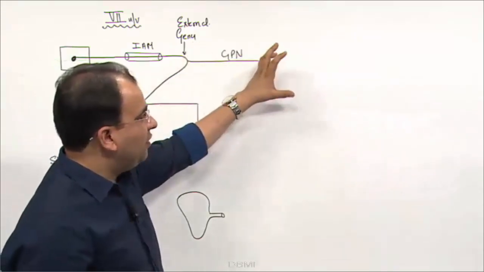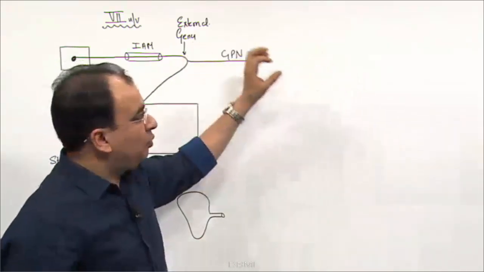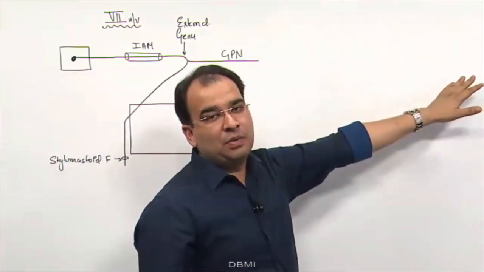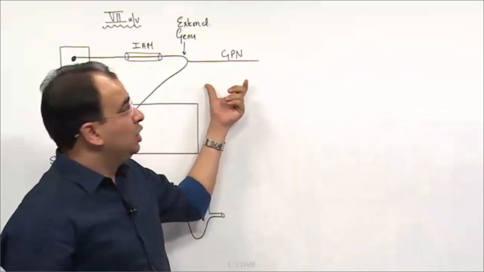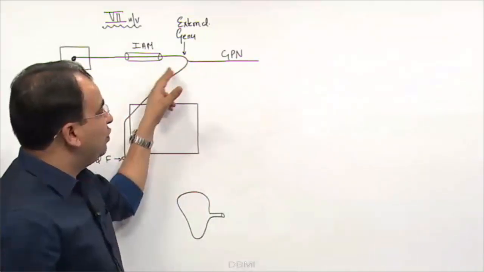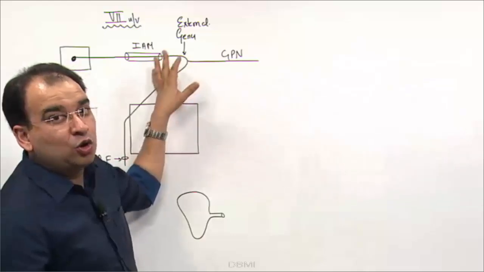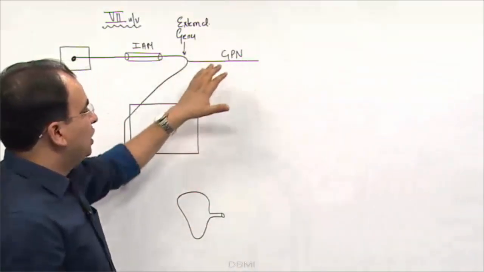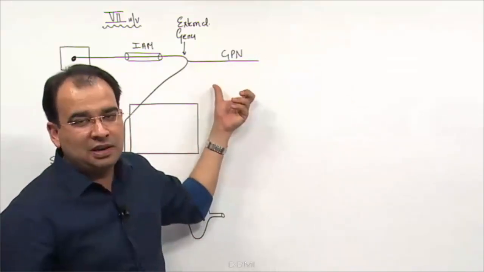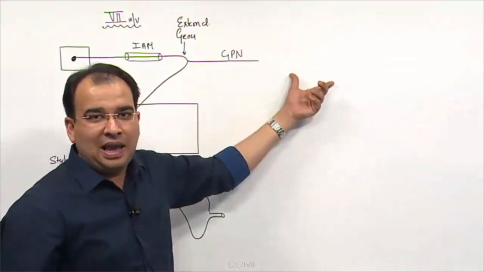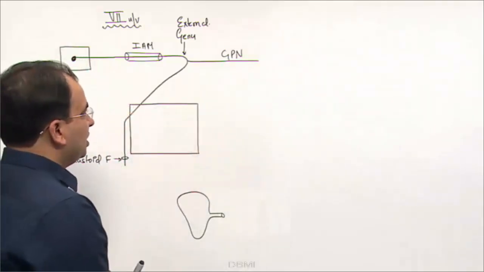It will go and relay in a certain ganglion, and from that ganglion the postganglionic fiber will go to supply the lacrimal gland. So that means it is still preganglionic. Do not confuse it with the geniculate ganglion we have here. It's not coming out of the geniculate ganglion. The greater petrosal nerve is a parasympathetic nerve, so it will relay in the parasympathetic ganglion. So the greater petrosal nerve is here.